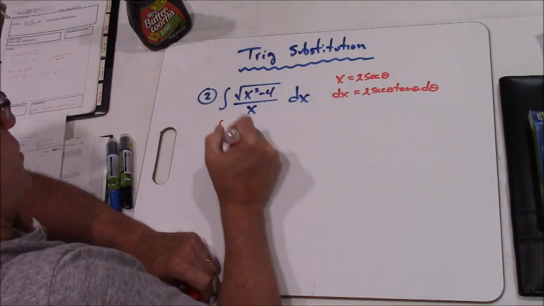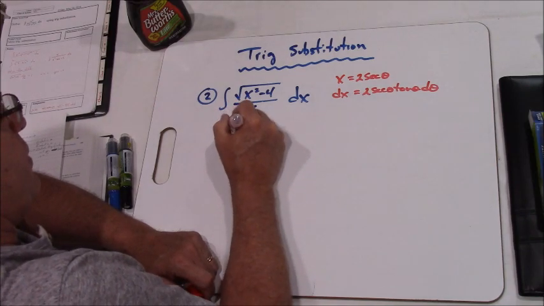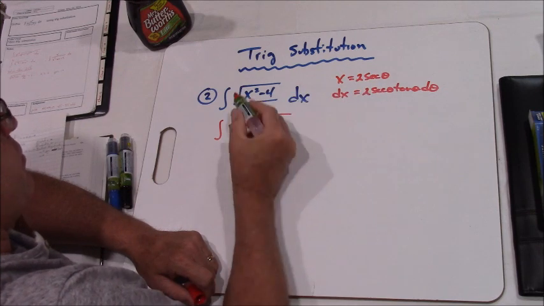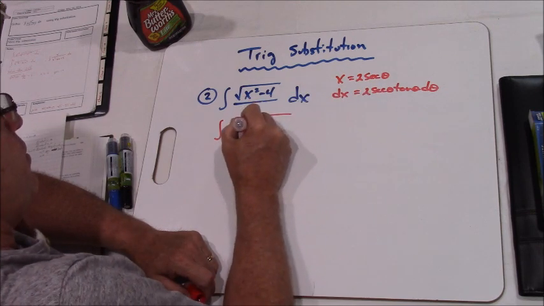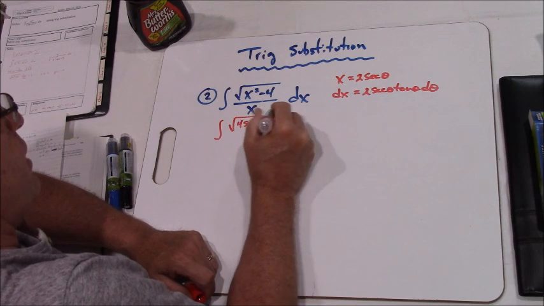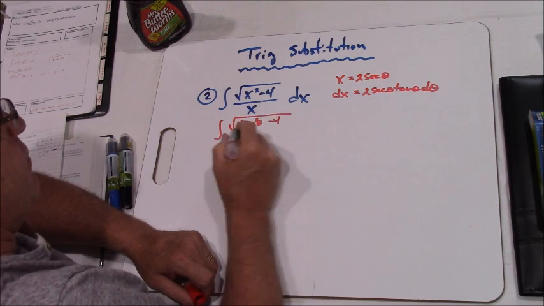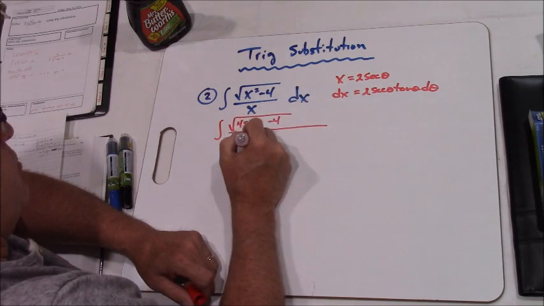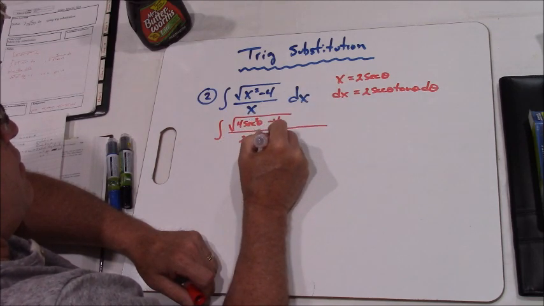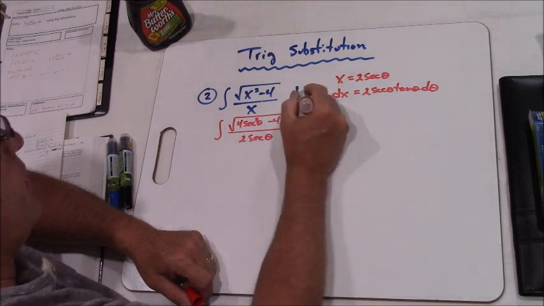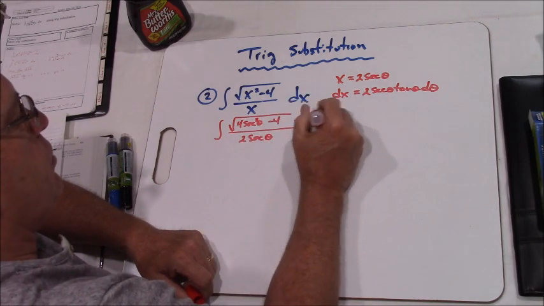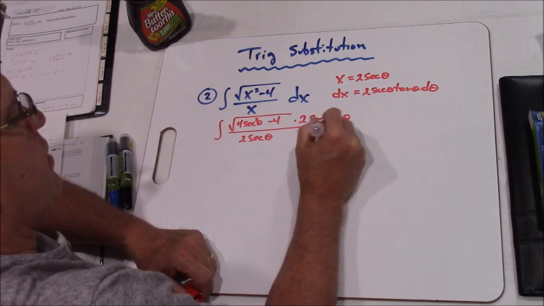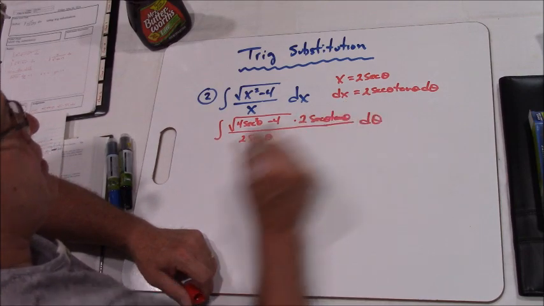So this integral is going to become the square root of, I want to put this in for x and square it, so I'll have 4 secant squared theta minus 4 over x, which is equal to 2 secant theta, and dx is equal to 2 secant theta tangent theta d theta.